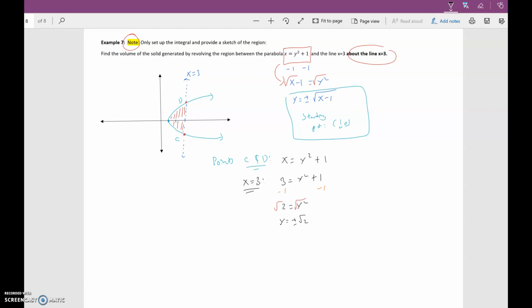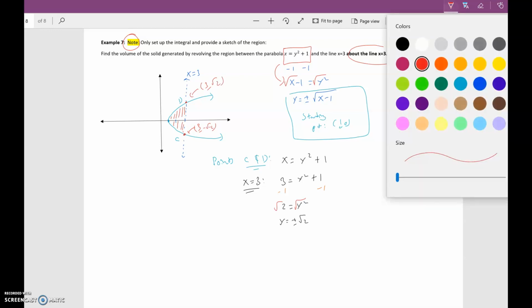So this coordinate point here is 3 comma negative square root of 2. This point here is 3 comma square root of 2.